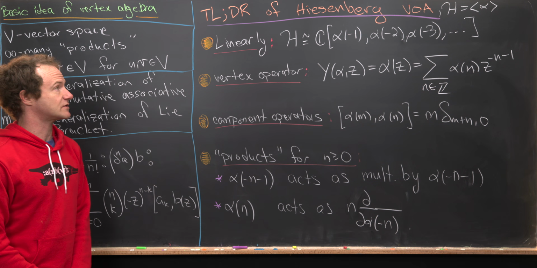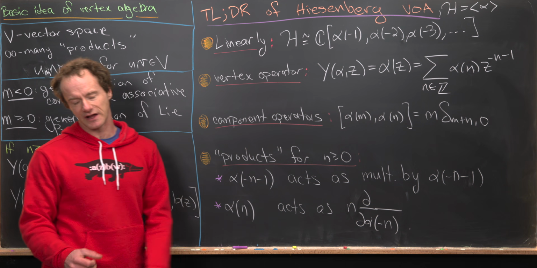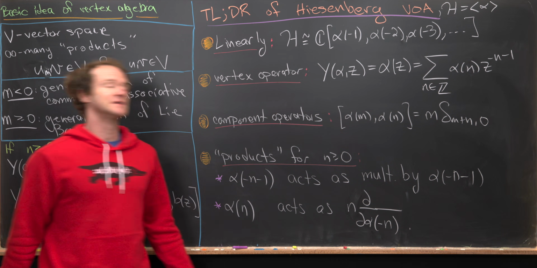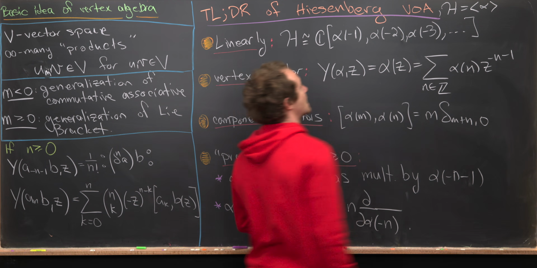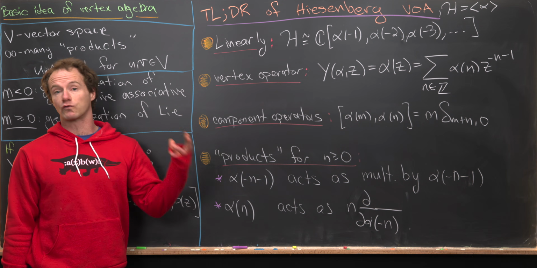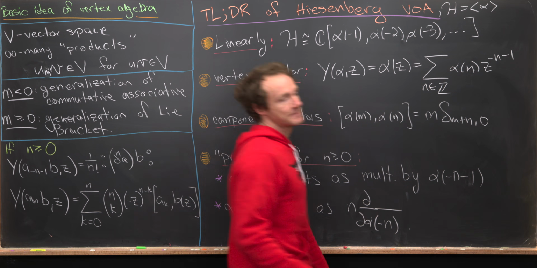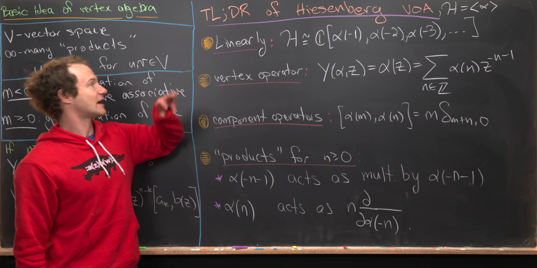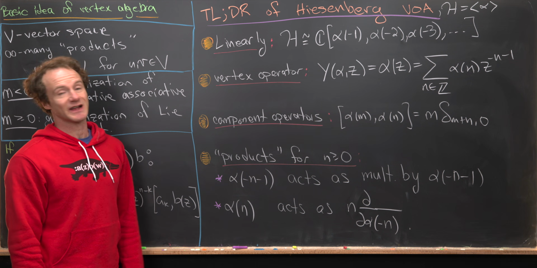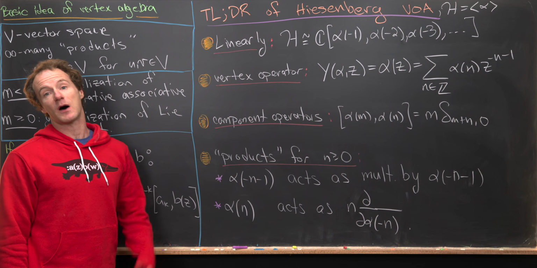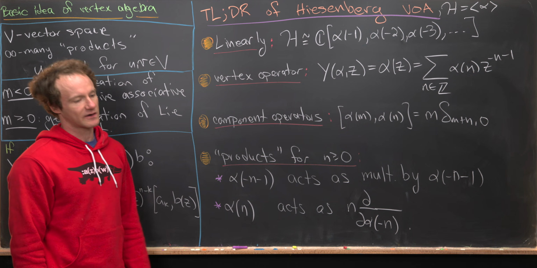So the too long didn't read of the Heisenberg vertex algebra, in other words, a summary of the calculation, goes like this. So we'll use this script uppercase H for a rank 1 Heisenberg algebra generated by a single vector alpha. And linearly, this Heisenberg algebra is isomorphic to a ring of polynomials with infinitely many variables.